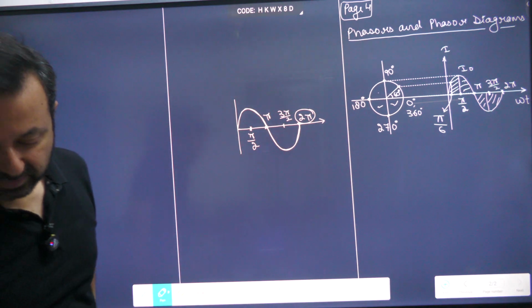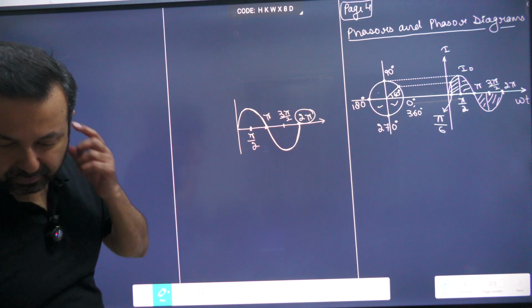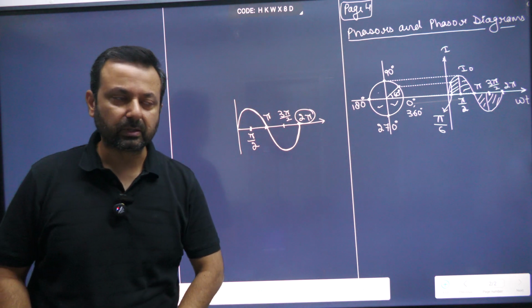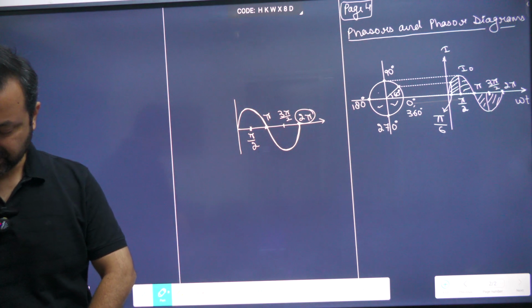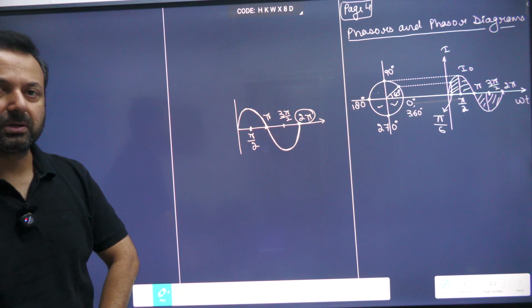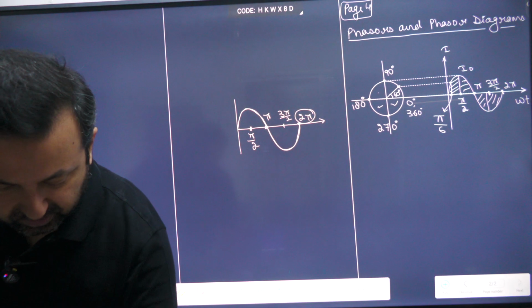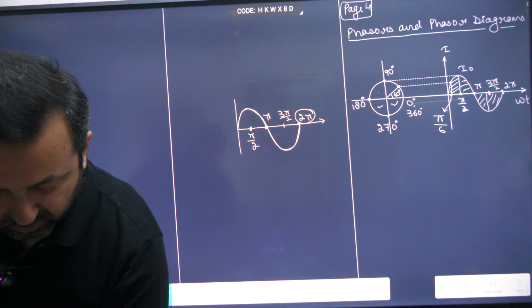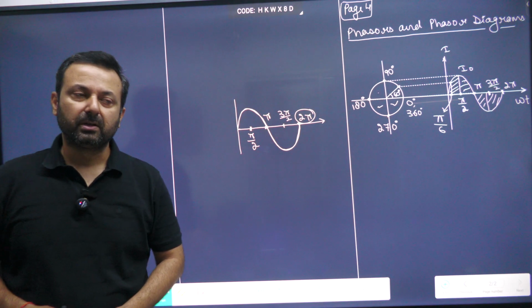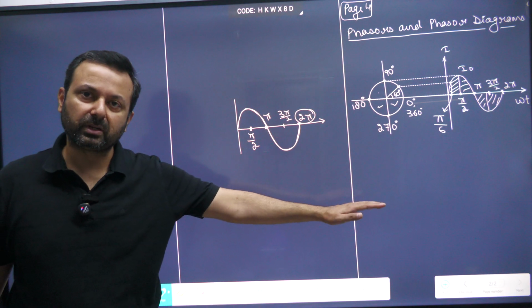This is all about the phasor diagram, and then I am going to tell you different types of AC circuits. Then you will understand this phasor diagram more clearly, and why we are studying it will also be clear to you. So let's move on to the next topic. In your notes, page number 11, AC circuit containing resistance only. In that topic this phasor diagram will be more clearly elaborated.